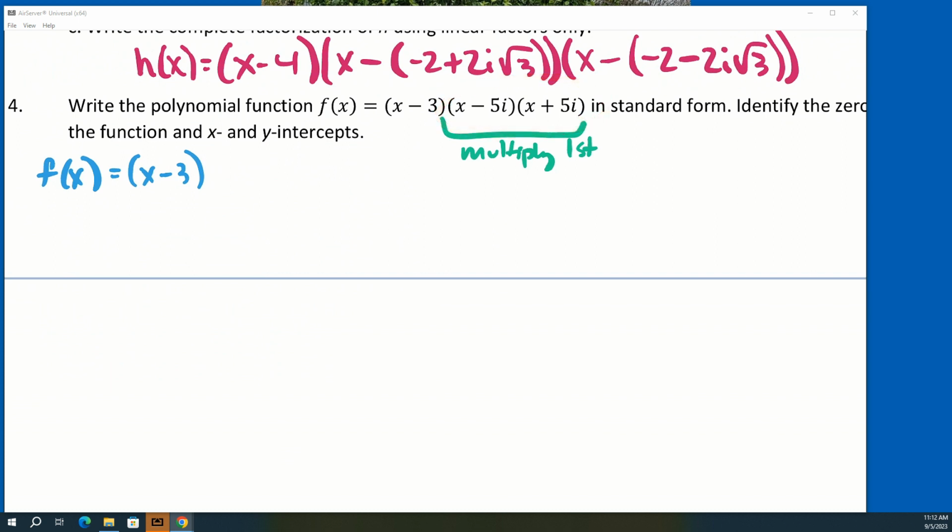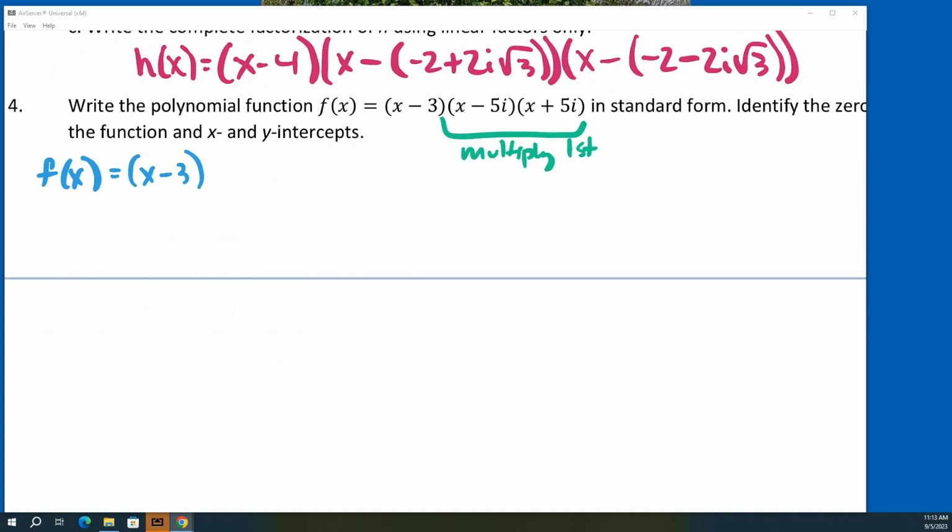And so if I multiplied it all out using double distributive or FOIL, whatever you want to call it, what's going to happen to our outer and our inner? What would you get if you did negative 5i times x and then positive 5i times x? What do you get when you add those? They cancel. It's always going to be 0, and that will always be the case.